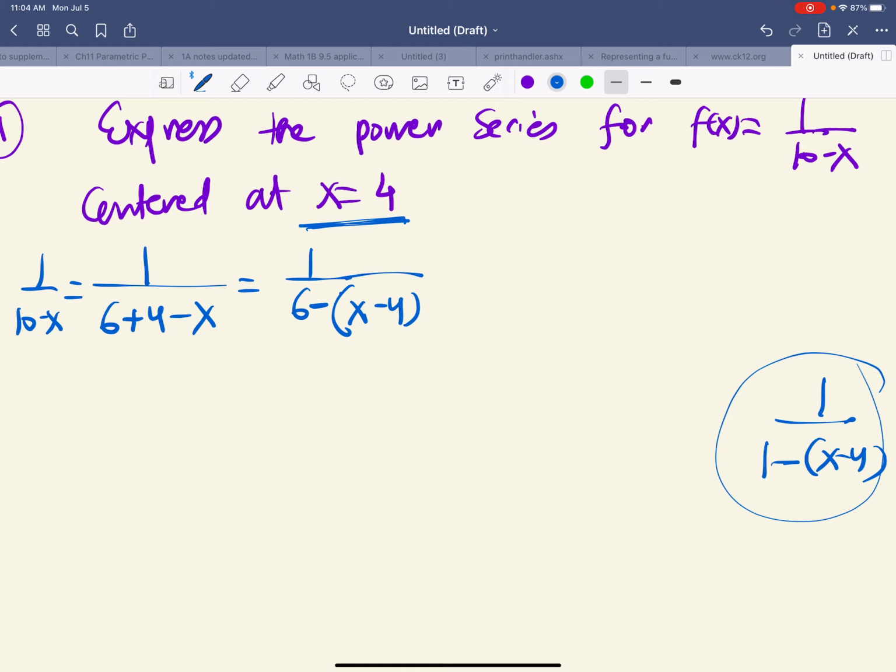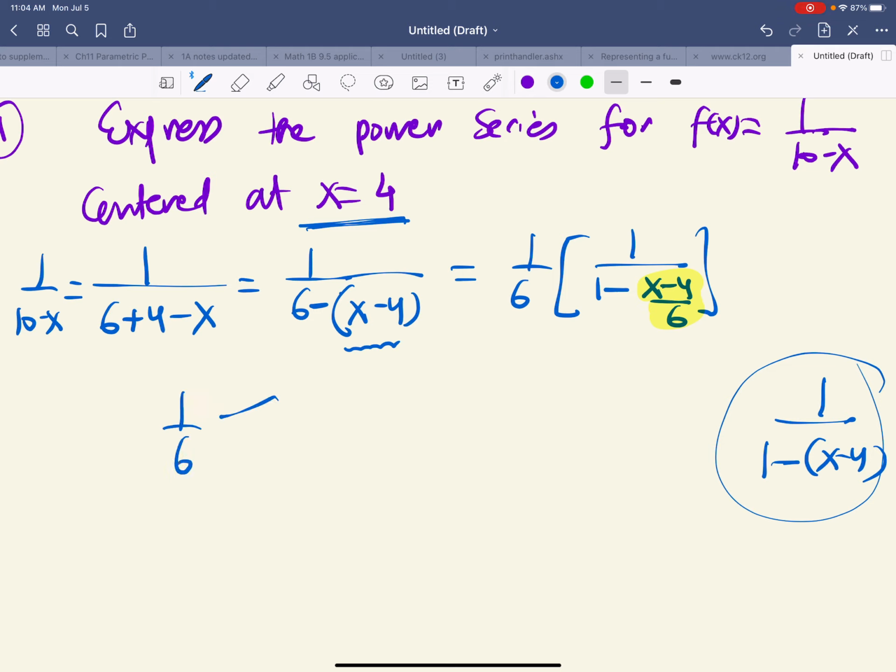I factored a negative sign out. So it's kind of looking like that, but I also don't want to have a 6 over here. So 1 over 1 minus x minus 4 over 6. Looks like that's going to be my r in this case. That's what's replacing x. 1 over 6 summation n is equal to 0 to infinity x minus 4 over 6 to the power n.